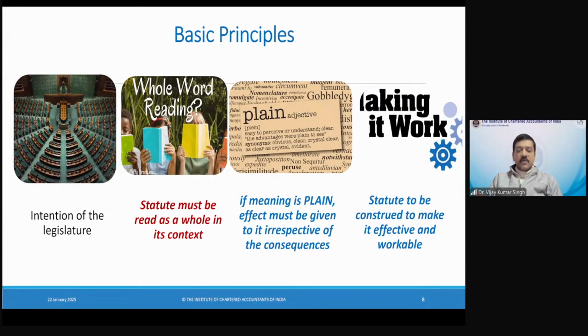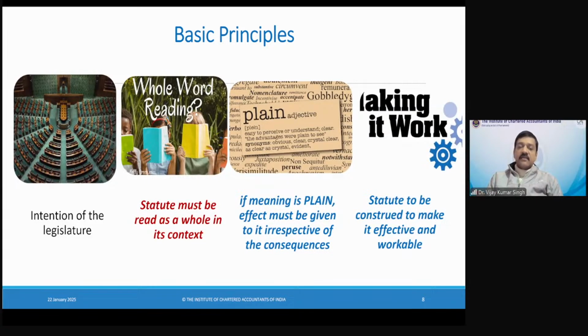The whole interpretation exercise rests on these four principles. One is intention of the legislature. This is the primary principle: whatever you are doing to interpret, you have to go back to the intention of the legislature. You cannot bring something new to it, which the legislature has not meant.